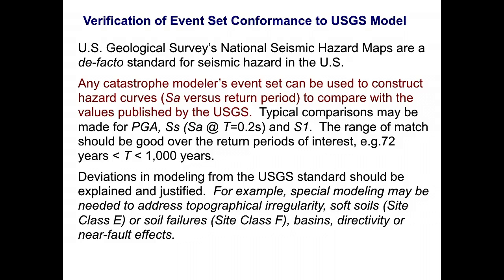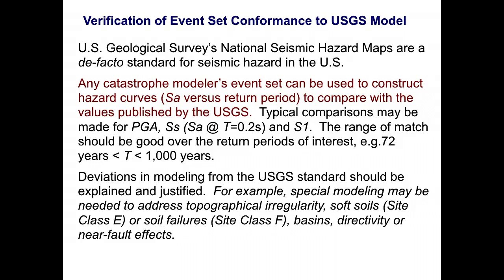So, in doing that, any catastrophe modeler's event set can be used to construct hazard curves. That's to say, spectral acceleration versus return period. And then you can compare directly with the values published by the United States Geological Survey.